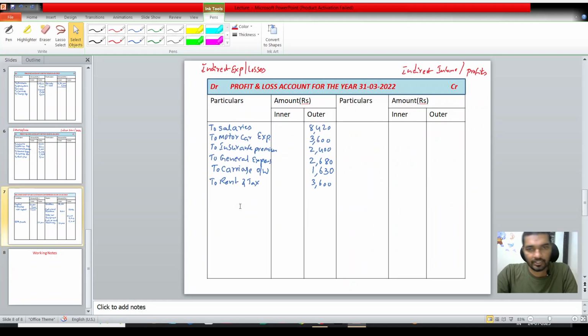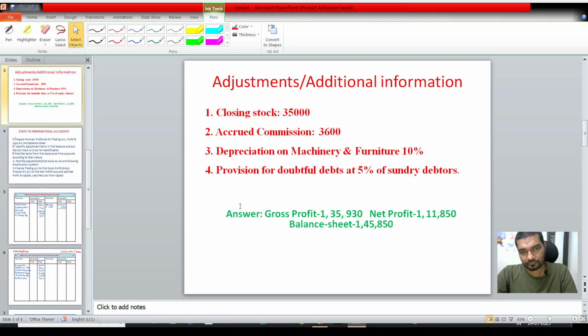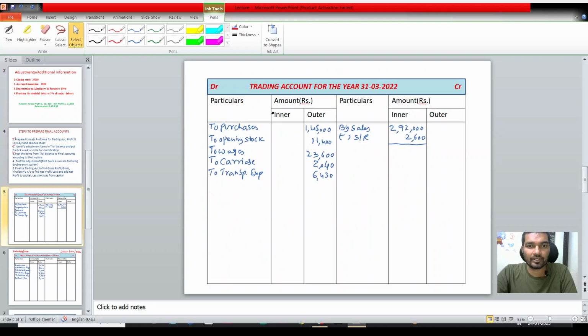The first adjustment given in the sum is closing stock. Closing stock we have to show on the trading account credit side. So by closing stock, the amount of closing stock 35,000.